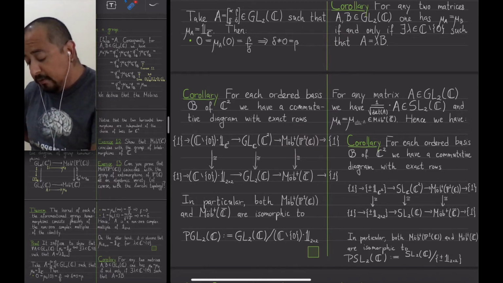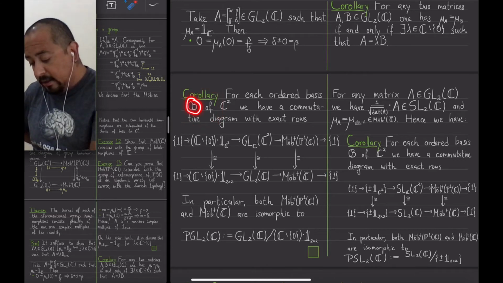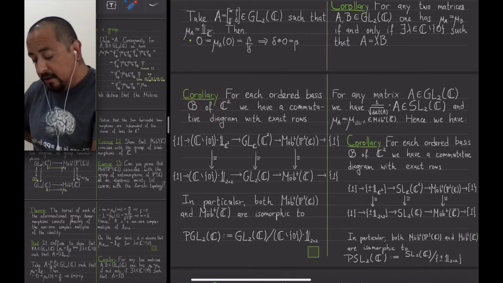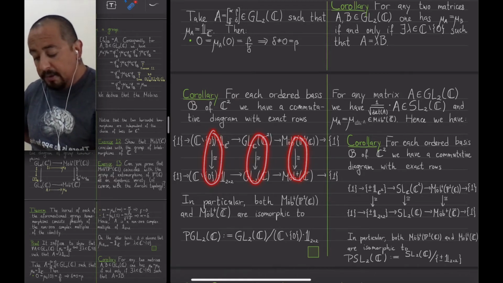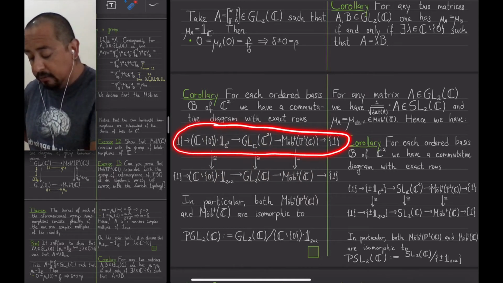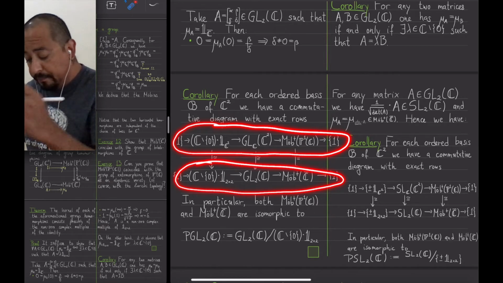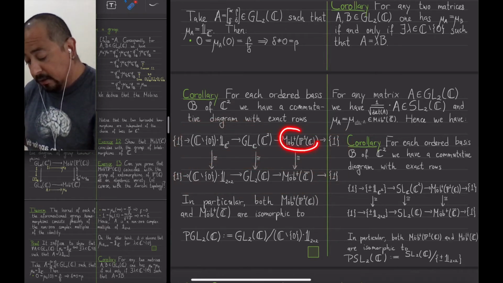Okay, so my point here is that for this corollary, again, the ordered basis is used only to pass in these vertical isomorphisms, but not in forming the rows. So the rows, by definition, every Möbius transformation is associated to a linear map. It is the shadow of a linear map.